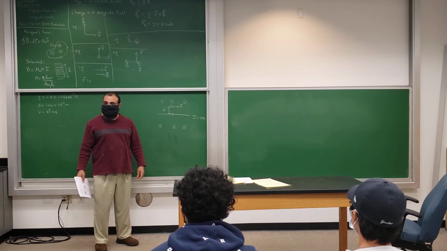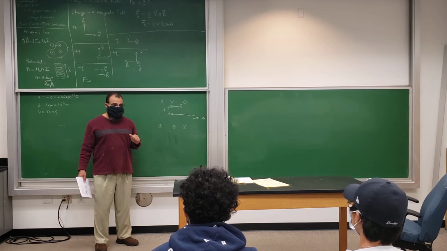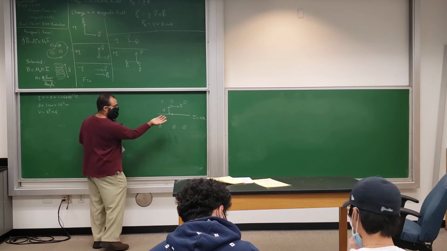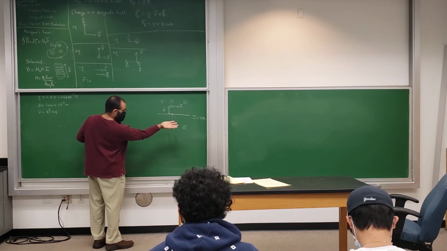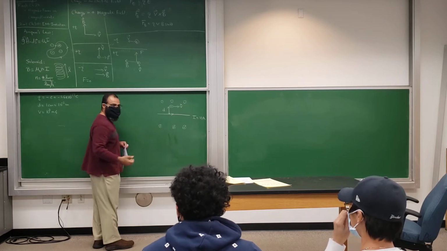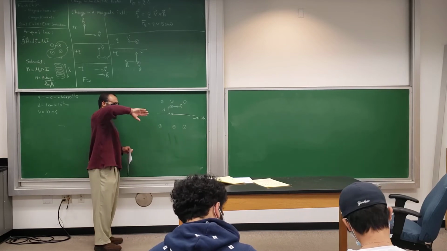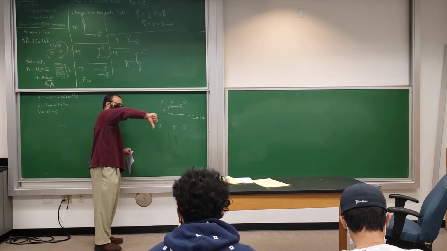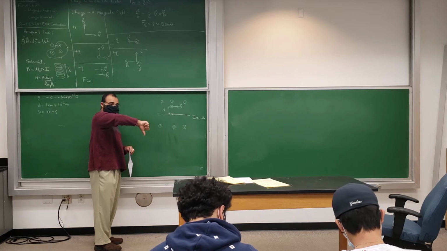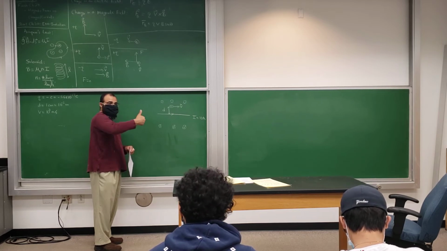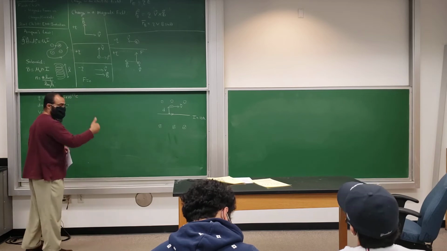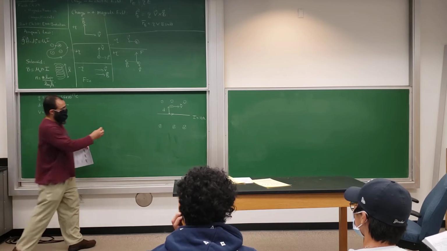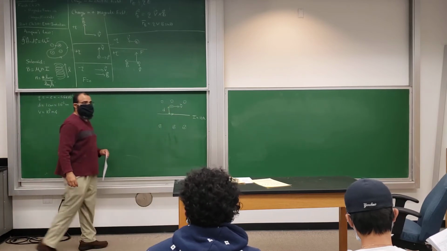Curl your fingers from V toward B, so it's down. But the electron is negative, so the force will be up. So the electron will be repelled. It will go up.